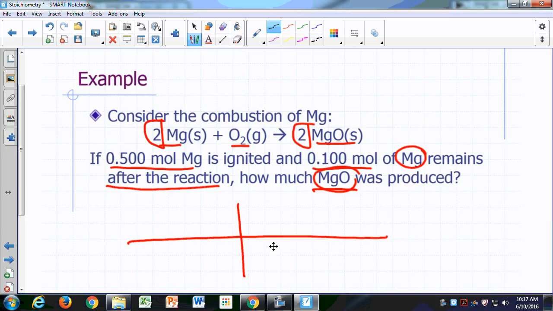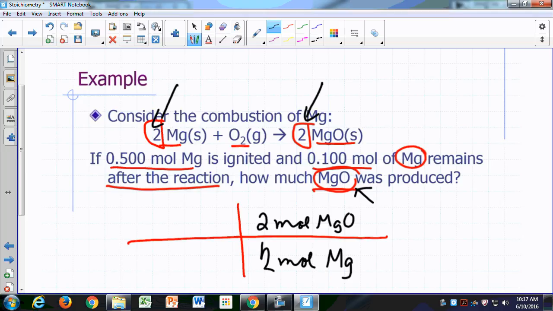Based on your coefficients, you're looking for magnesium oxide, so you put magnesium oxide on top. So you say 2 moles of magnesium oxide is formed for 2 moles of magnesium in your denominator. These are the coefficients in your balanced equation. Both of them are 2.